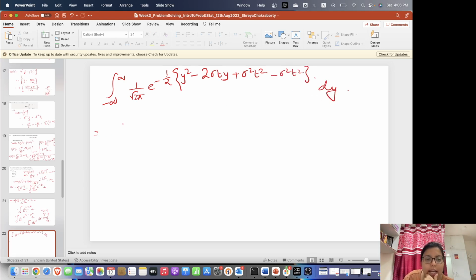This we can write as integral of 1 by root 2 pi e to the power minus half (y minus sigma t) whole square into e to the power sigma square t square by 2.